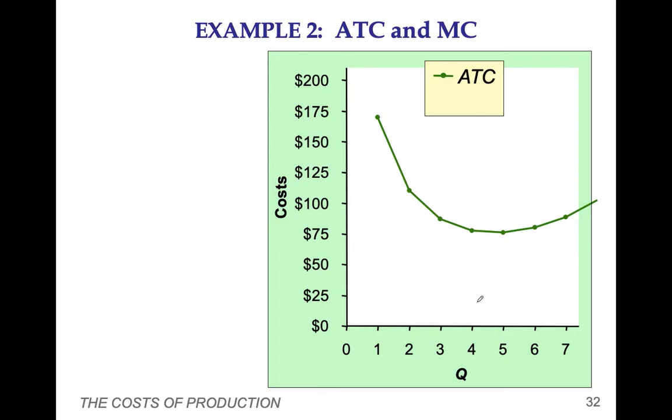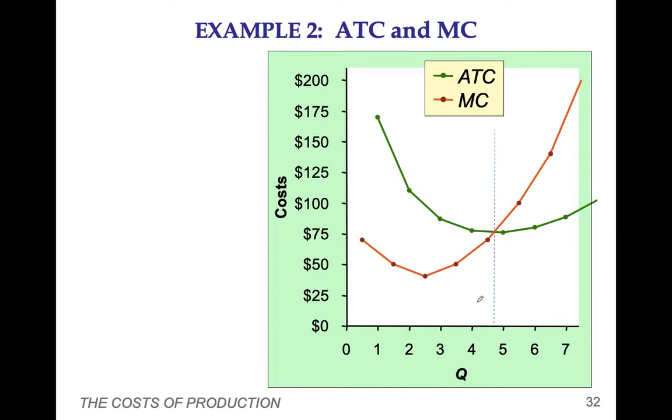Example 2: we draw again the average total cost and the marginal cost. Here in this example, you see that the marginal cost curve, in orange color, crosses the average total cost curve at its minimum.